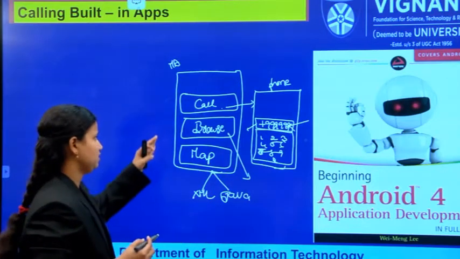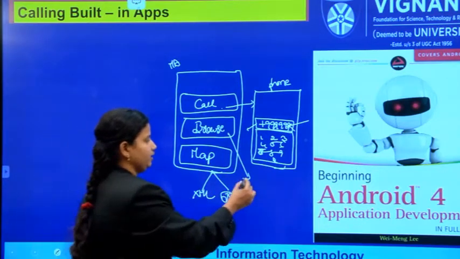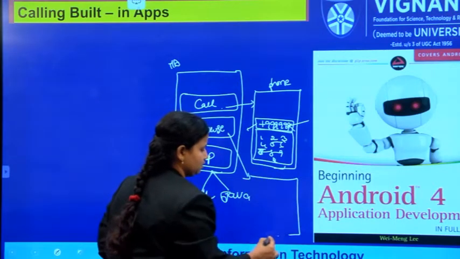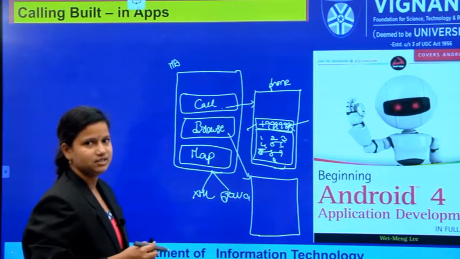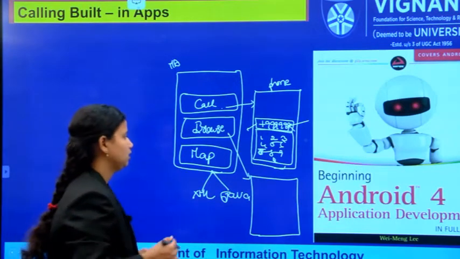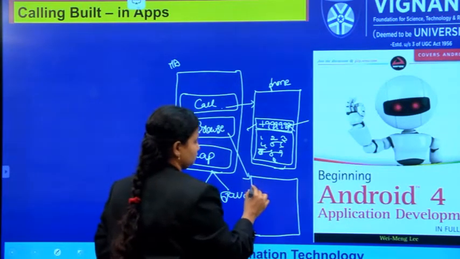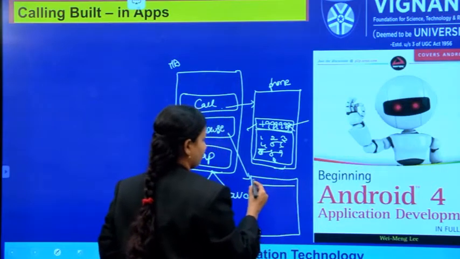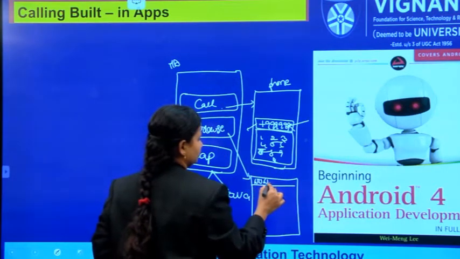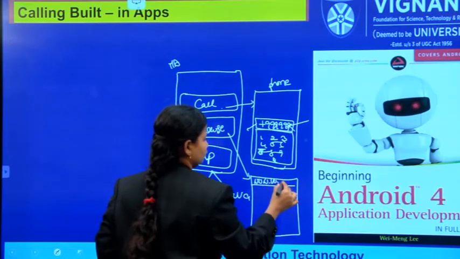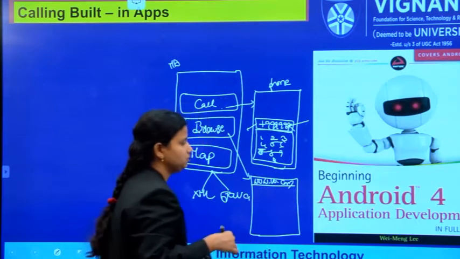That means I am pressing the second button, the browser. What it opens is one of the applications already available in your phone, which is Chrome. And which website? www.vu.com.